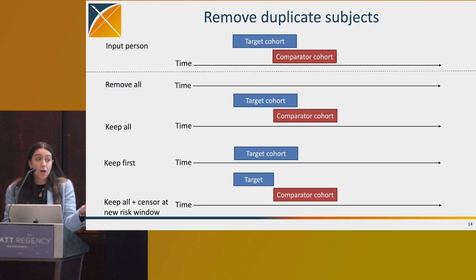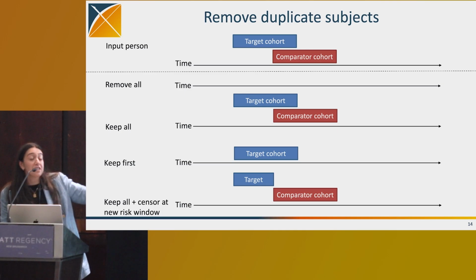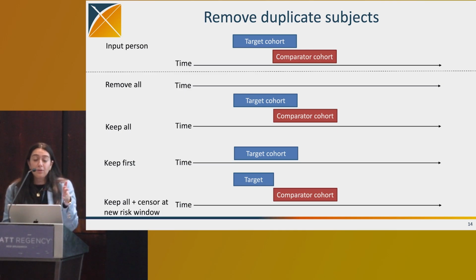So if they're in the target cohort first, they're dropped out of the comparator cohort and left in the target cohort for the full duration of time they are getting that drug. The last option is that we might censor at the new risk window. In this fourth option, the patient is in the target cohort until they begin to receive treatment for the comparator cohort, at which point they're censored out of the target cohort, and then they are just in the comparator cohort for the rest of the time. So you can choose how you do this.